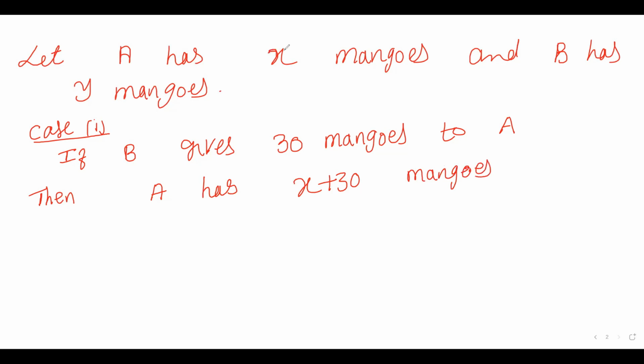Initially A was having x. Now after getting 30 mangoes from B, he will be having x plus 30 mangoes, and B will have y minus 30 mangoes left with him.